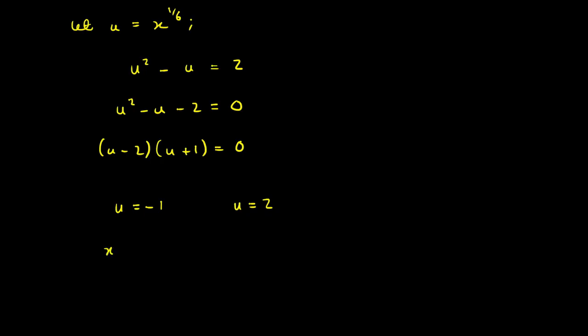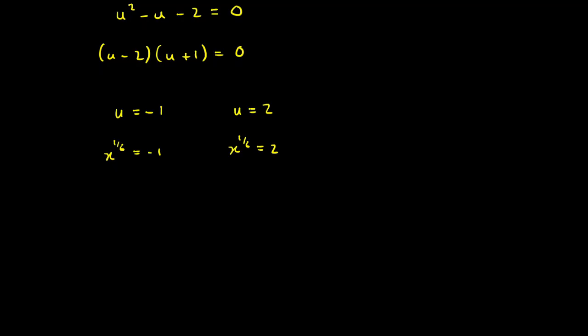And so x to the power of a sixth is equal to -1, or x to the power of a sixth is equal to positive 2. Now, one of the things you need to know is that this one has to be rejected, right? Because it's not possible for x to the power of 1 upon 6 to be equal to -1 if we're defining it in terms of functions.